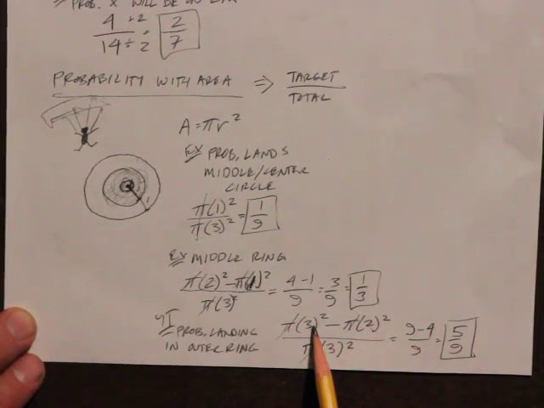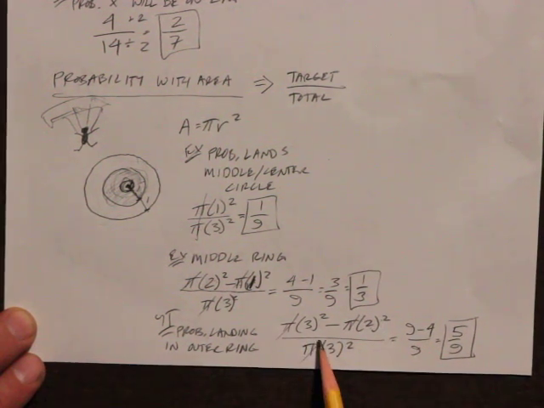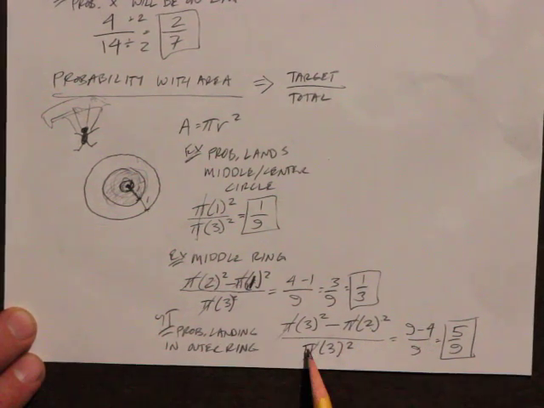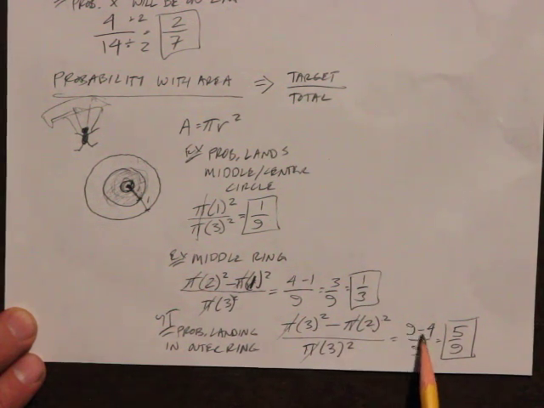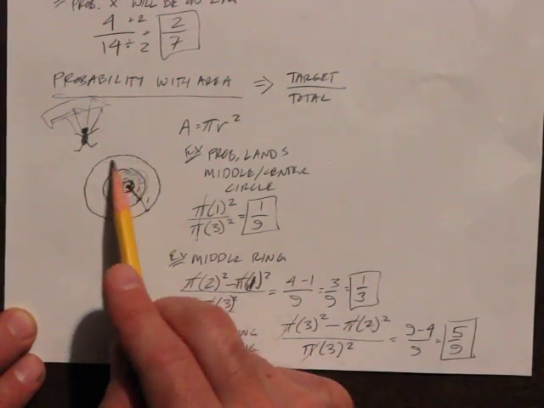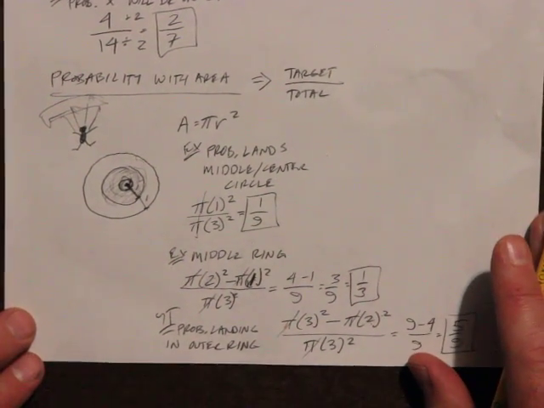Once I did that with 3 squared and 2 squared, I was able to take away the pi, because that becomes just 1 when I factor those out. So I have 3 squared minus 2 squared over 3 squared, so 9 minus 4 over 9. My answer then is 5/9. I have a 5/9 chance of dropping into the outer ring and not the inner parts of this target circle.